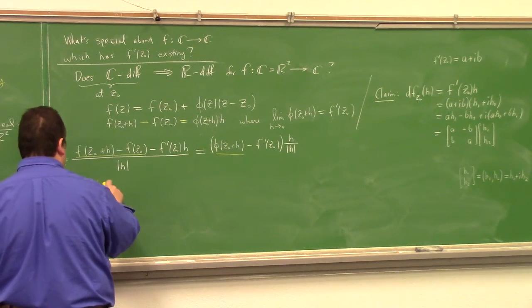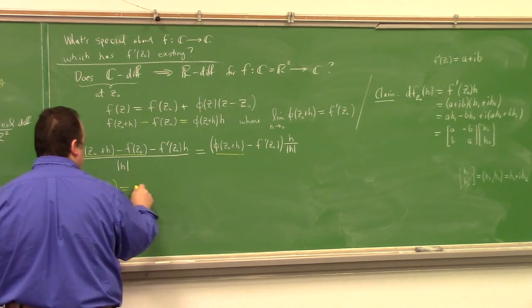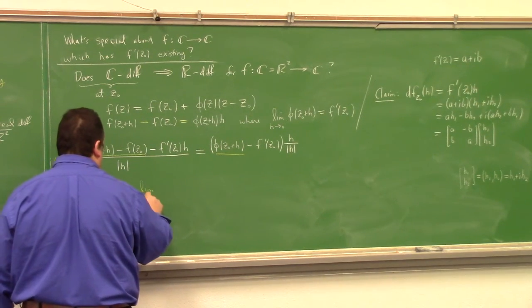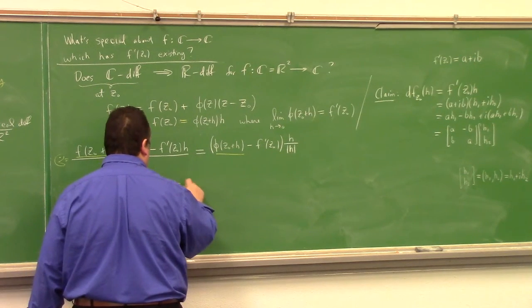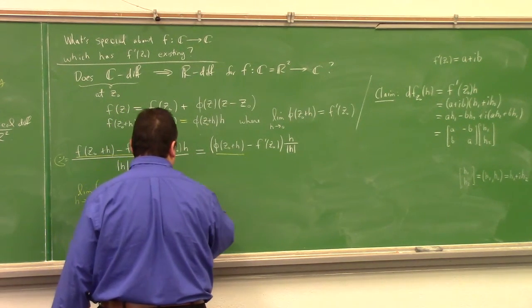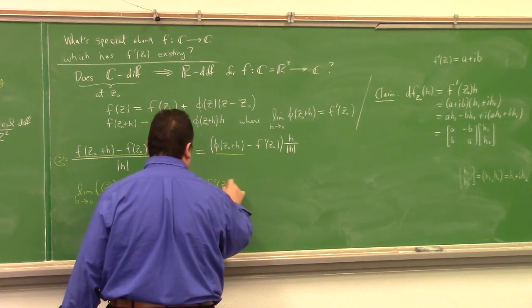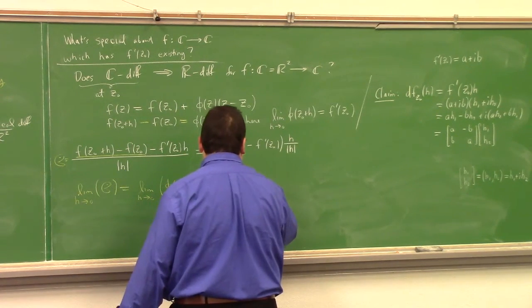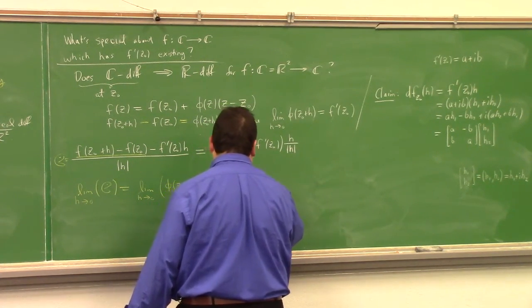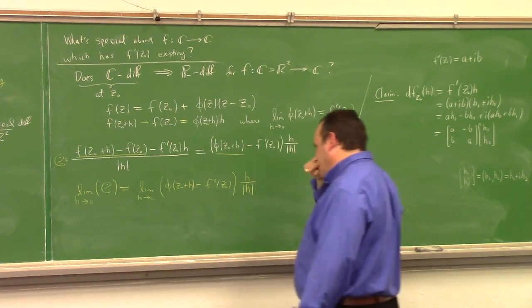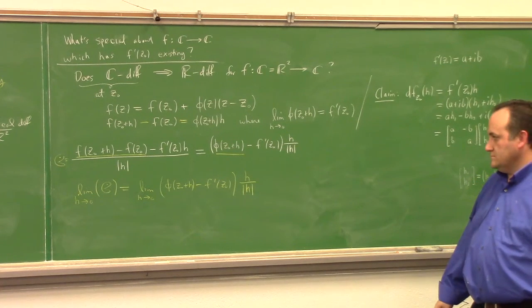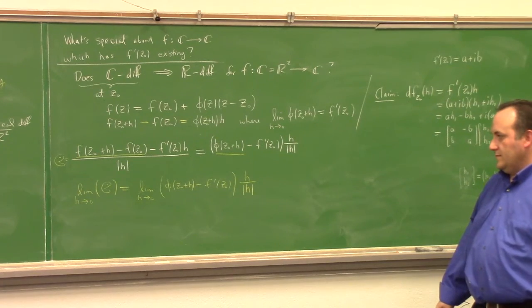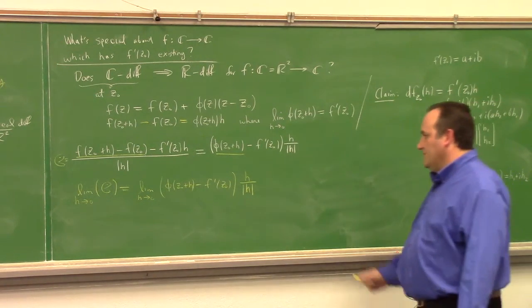So the limit as h goes to 0 of Pac-Man is equal to the limit as h goes to 0 of phi of z naught plus h minus f prime of z naught times h over h. Can we not split up the limits inside too, like limit of the first times the limit of the second? Well, we could, but this is indeterminate.